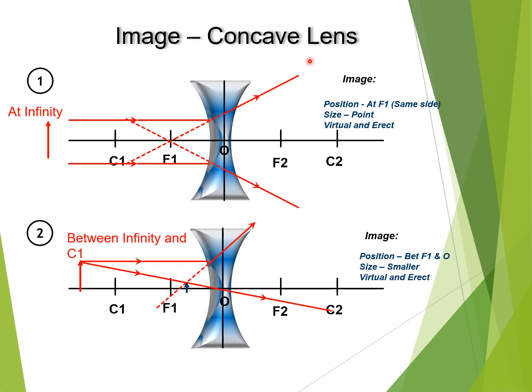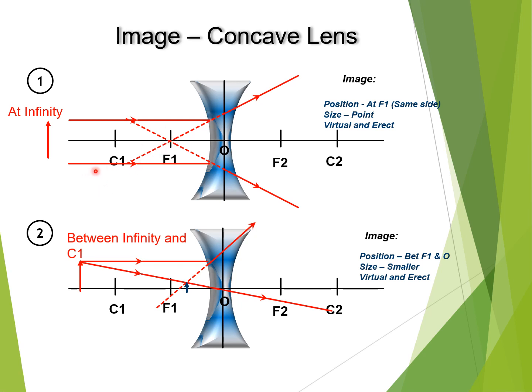In case of convex lens, they were converging at focus, but in this case, the rays are getting diverged. Yes, it will appear to be coming from focus. If we extend this ray behind, it will appear to be coming from focus.